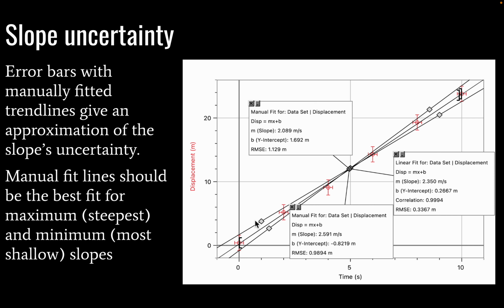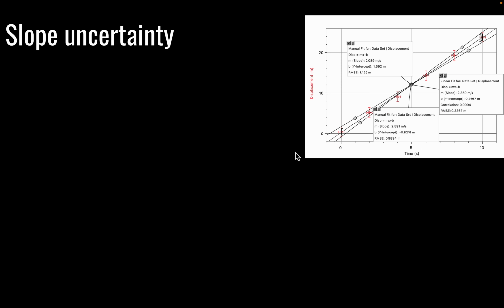The maximum slope is going to be our steepest slope, and the minimum slope is going to be our shallowest slope. And note that Logger Pro here calculates the slopes automatically. So we have 2.350 meters per second for our automatic fit, and then our manual fit has these two other slopes.